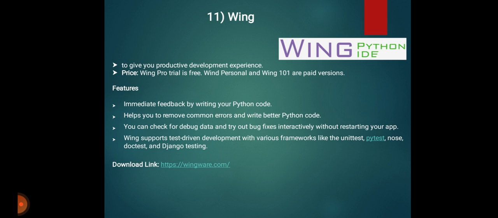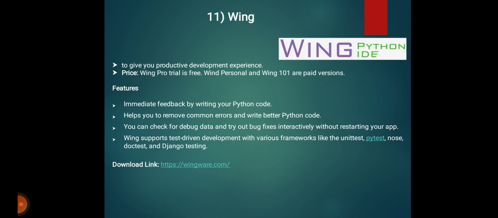Then Wing supports test-driven development with various frameworks like Unittest, PyTest, Nose, Doctest and Django testing. So these are some features, and here I am attaching the downloading link of Wing software.